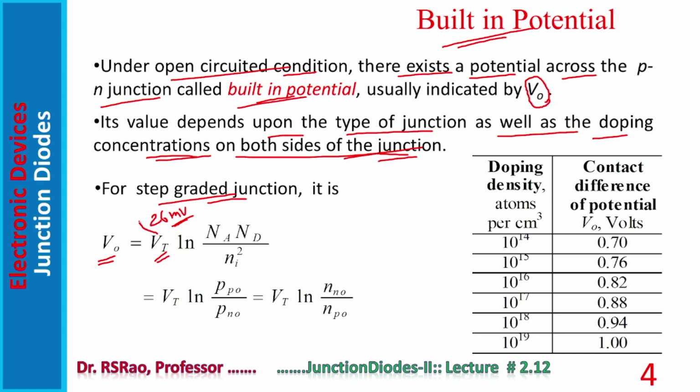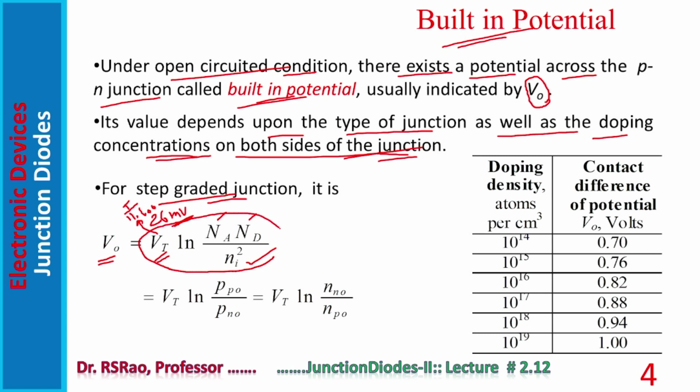It can be shown it is equal to T by 11,600, temperature by 11,600, 26 millivolts. So Vt multiplied by natural logarithm Na Nd divided by Ni square. Na is impurity concentration on the P side, Nd is impurity concentration on the N side. Ni stands for intrinsic carrier concentration.